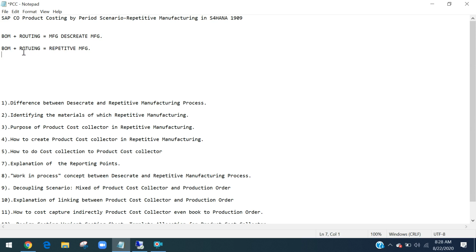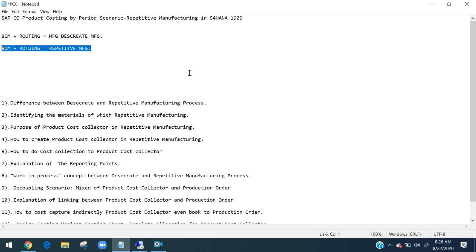Repetitive manufacturing is normally followed in oil industries, pharmaceutical industries, and steel, where they melt liquid steel, because of the continuous business process. Only if something additional is required will they do this type of manufacturing process.